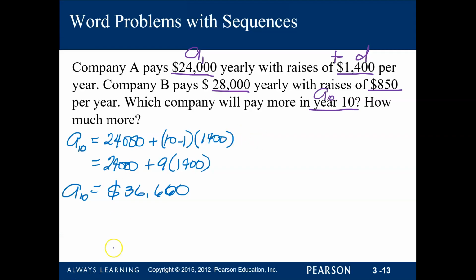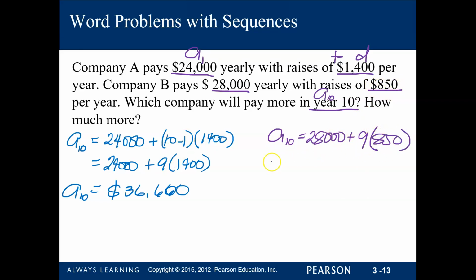Now let's take a look at B. Okay, so in company B, still we're looking for the 10th term. We start with how much? A higher starting value, 28,000, and then again we know it's 10 minus 1, so we'll just use the 9 here, and then our increase every time is 850.